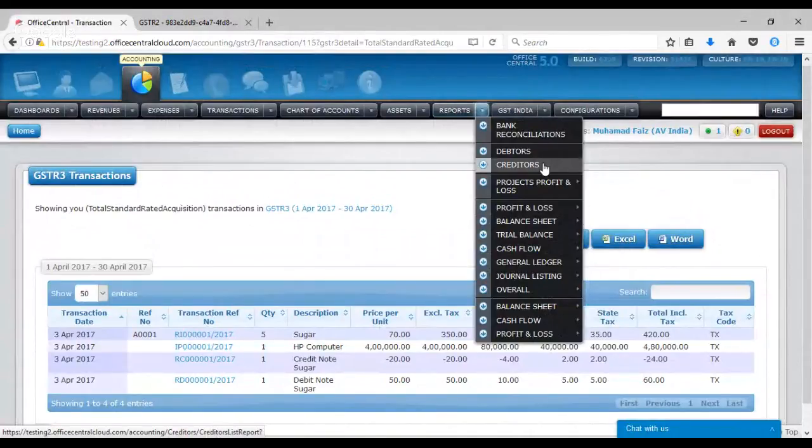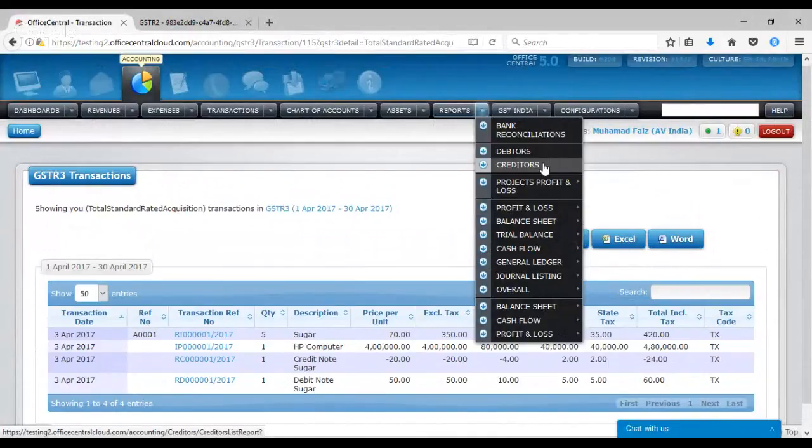So for today's webinar, we practically have shown you how to do transactions for receive invoice and how to generate the various reports, GST R2 and GST R3. The most important thing is you are going to be able to upload the list of your purchases to the GSTN database.